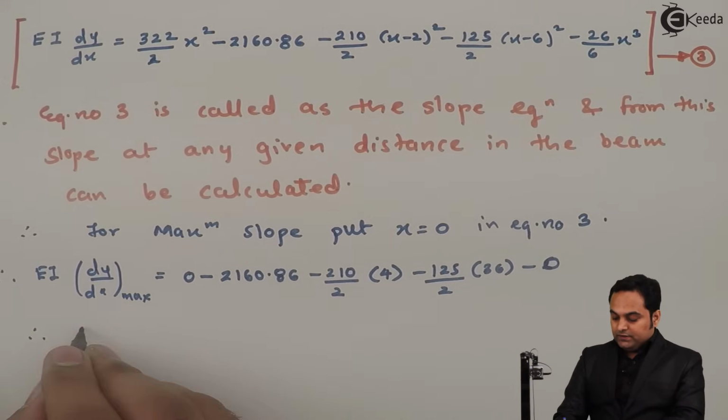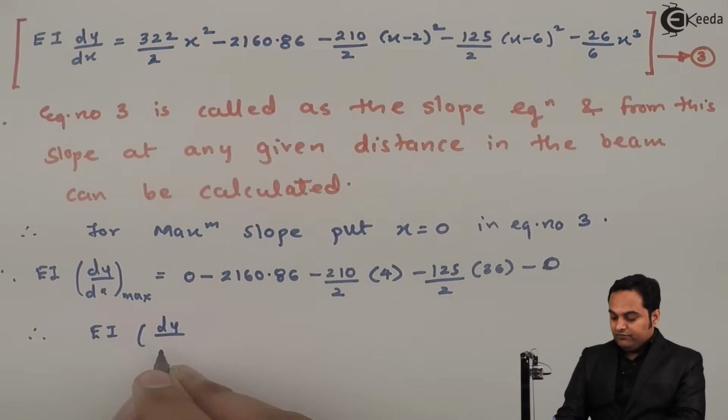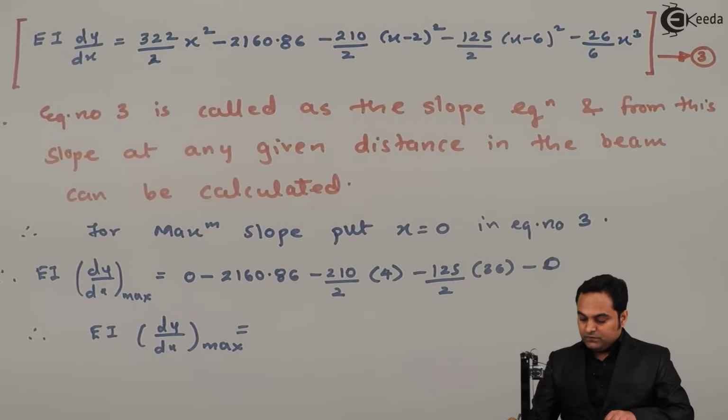So here I'll get the value of the maximum slope.